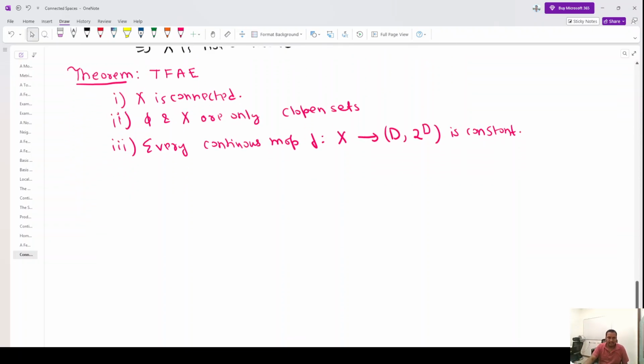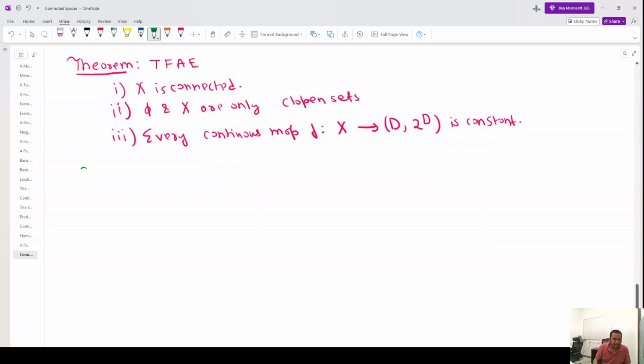So for example, if I ask you to show that S^n is connected. Okay. Now you will take S^n, n bigger than or equal to 1. This is important.